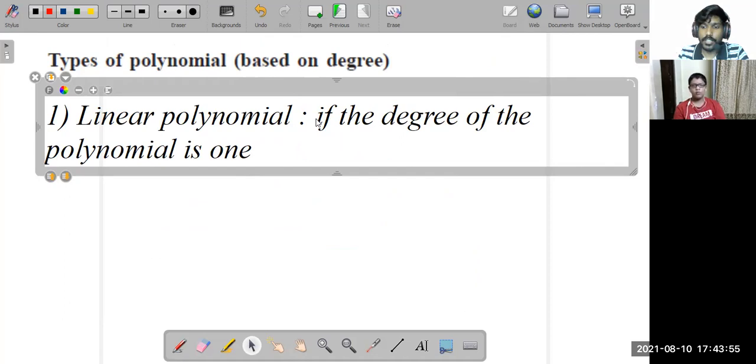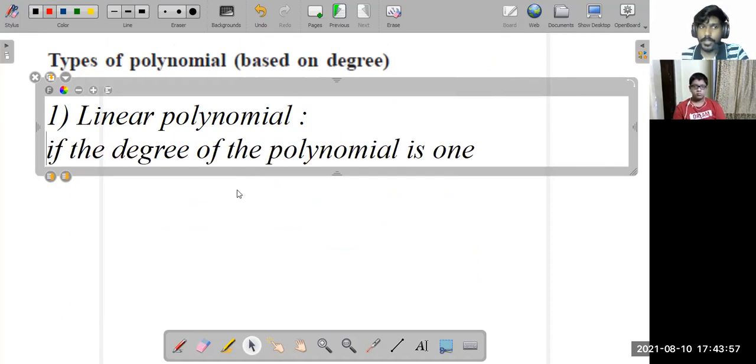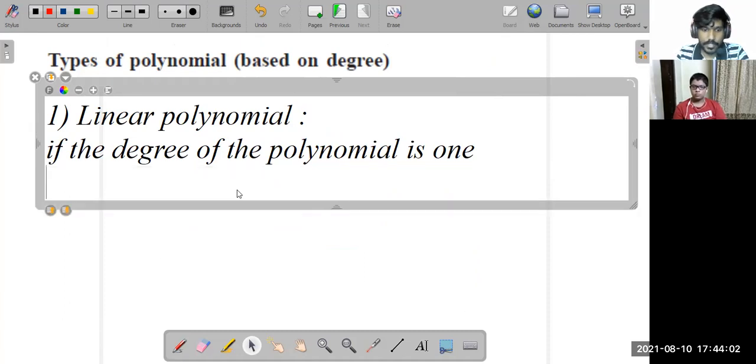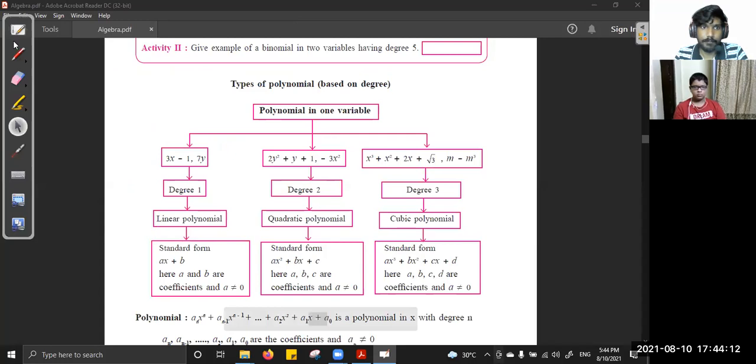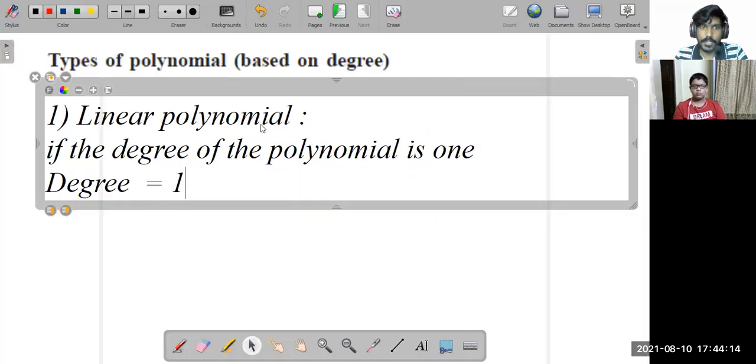You can write it like this: degree equal to 1. Is this clear?